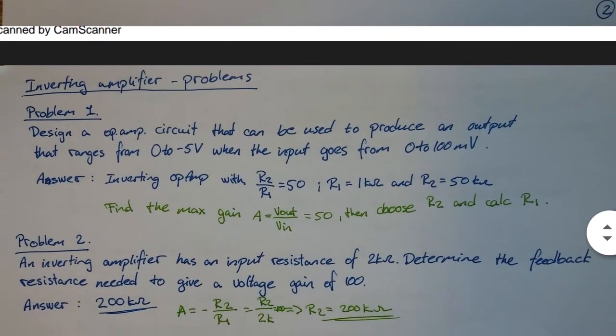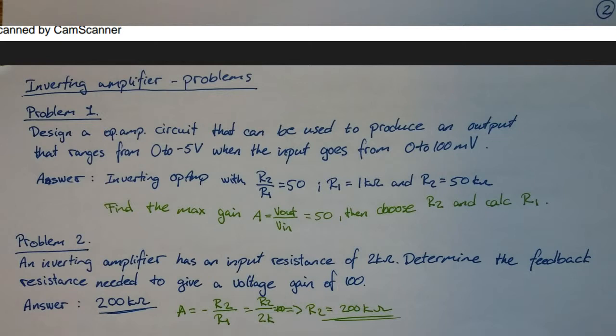I have here another problem or example to help understanding with calculating this. Problem 1: you have to design an operational amplifier circuit that can be used to produce an output that ranges from 0 to -5 volts when the input goes from 0 to 100 millivolts.